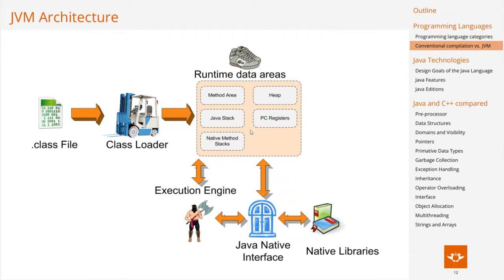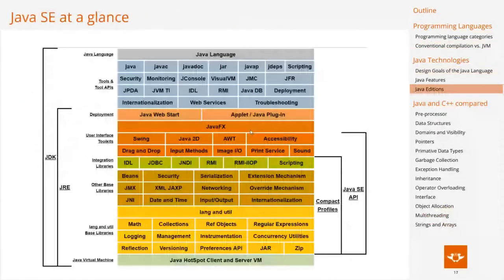Now, we need to talk a little bit about the actual Java virtual machine, because that's how Java can be used on any platform. We saw Java bytecode, we saw the class file. You couldn't actually read the contents of that actual file. It was, to us, a bunch of gibberish.